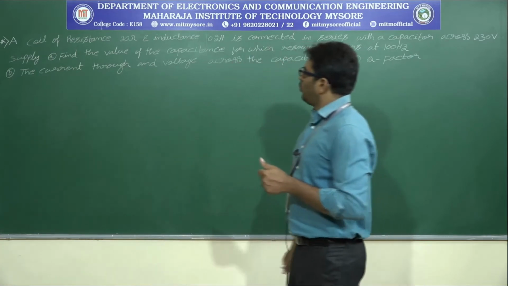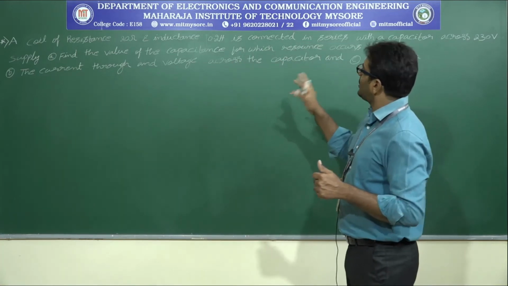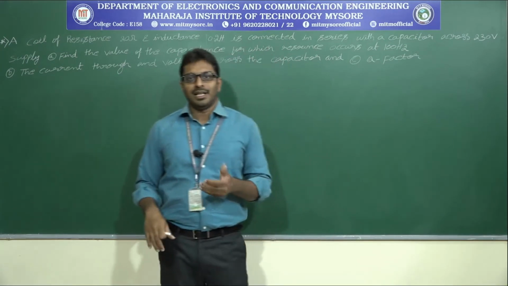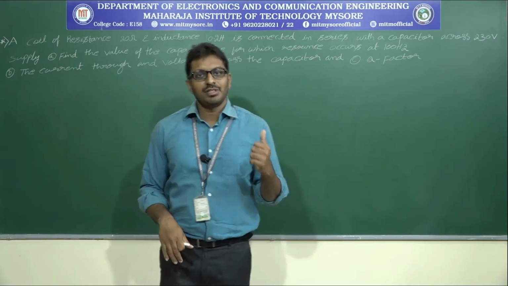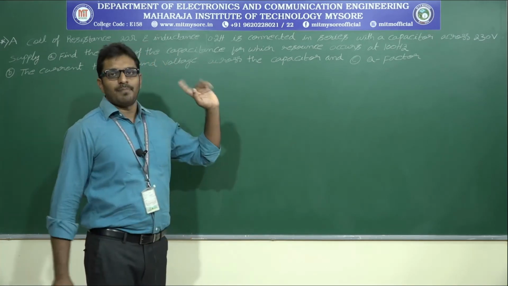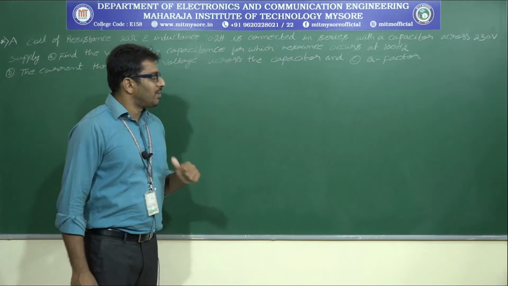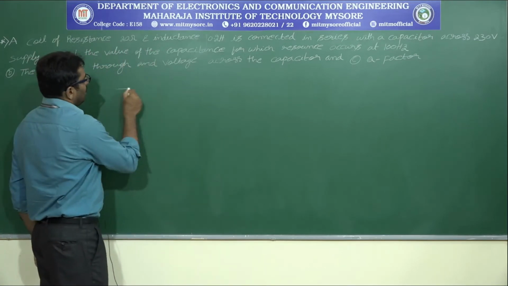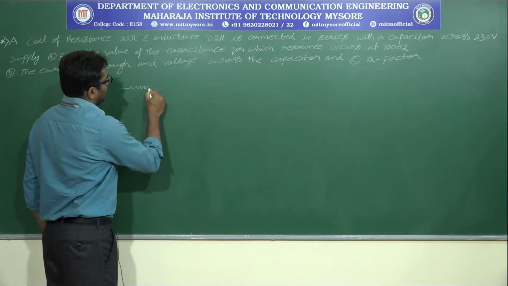Then what is the second part of the question? The current through and voltage across the capacitor. I mean, what is the current flowing through the capacitor at this frequency? What is that frequency? Resonant frequency. Then what is the voltage across the capacitor? Finally, what is the last part of the question? Q factor. First, let me draw the given circuit.